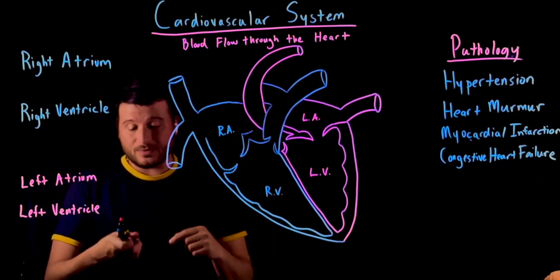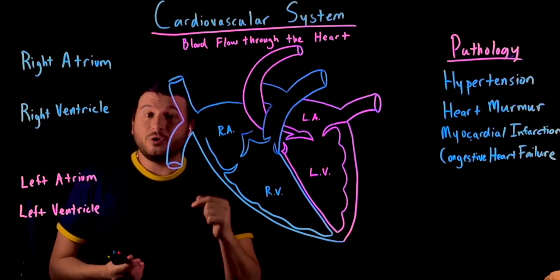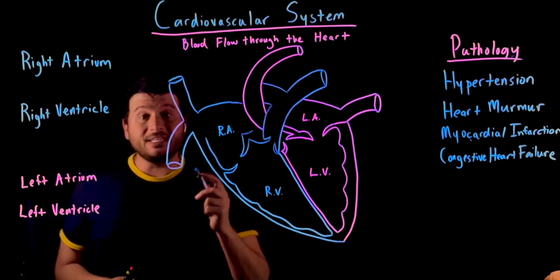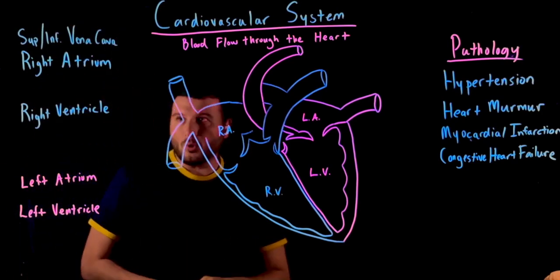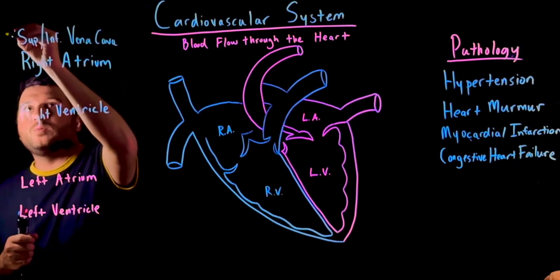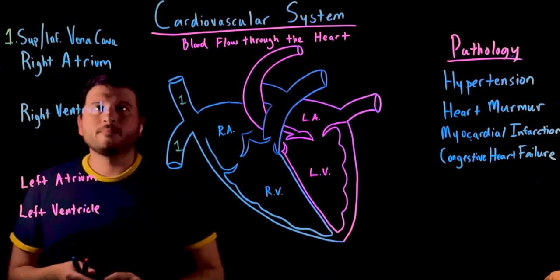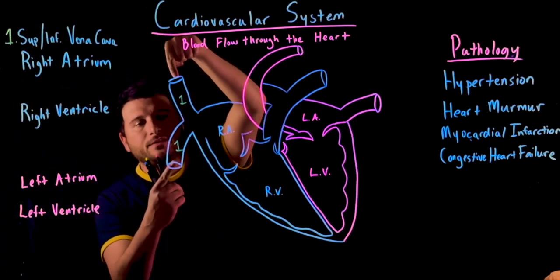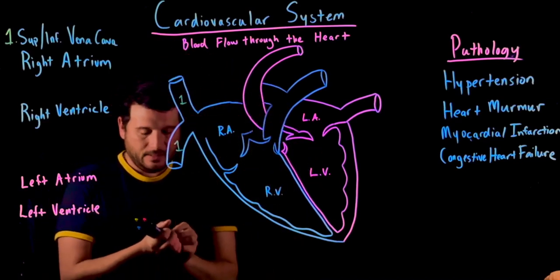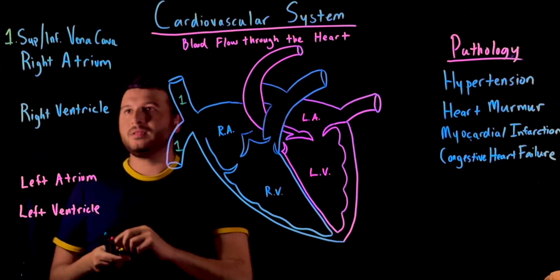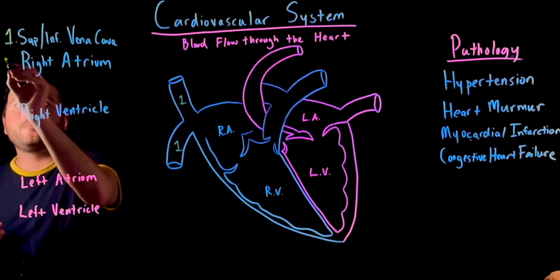And these two vessels are known as the superior and inferior vena cava. So we'll call that number one. The superior and inferior vena cava will bring blood to the right atrium. So the right atrium will be number two.